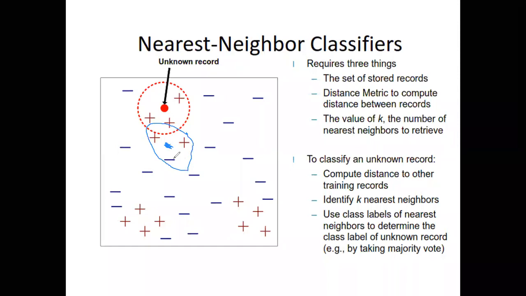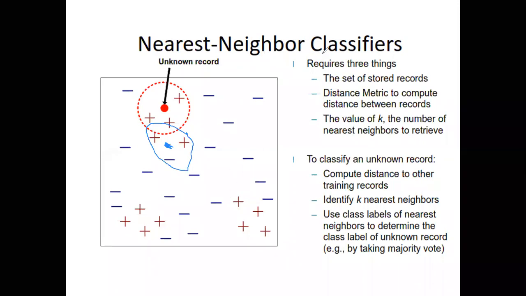Among these three nearest neighbors, two are positive and one is negative. So this new dot belongs to the positive class. Is it clear? Among these three neighbors, two are positive, so this dot belongs to the positive class. Have you understood?